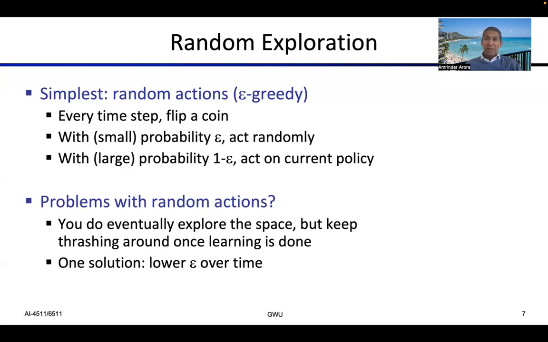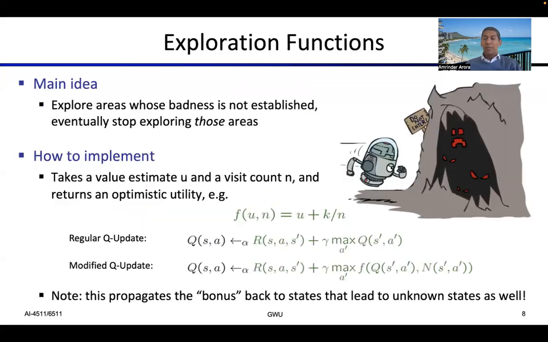Now, this can sometimes be confusing for some people because we are also decreasing the learning rate, alpha, over time. But just remember, these are two separate things. Alpha is the learning rate that's used in the exponential moving average. Epsilon is the exploration constant, the random exploration constant in epsilon greedy. So you can decrease epsilon as well, and just remember, it's a separate parameter compared to alpha.